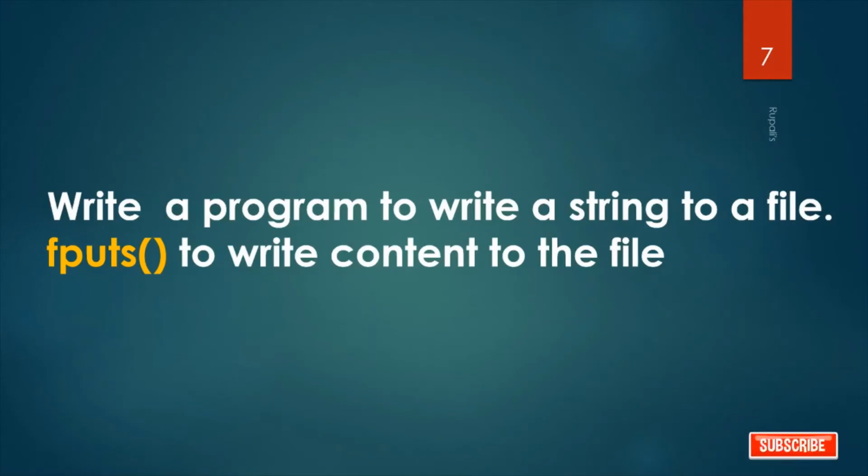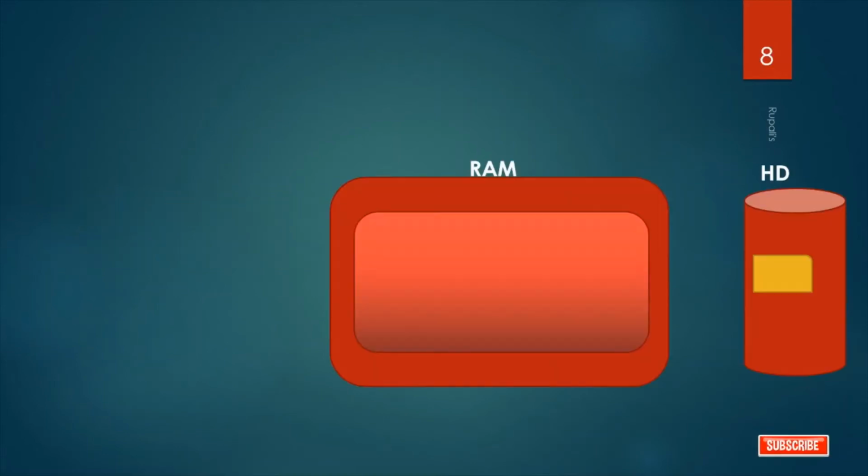So our program is: write a program to write a string to a file using fputs. It means you give the input and that input is written to your required file. Now see how this program works.